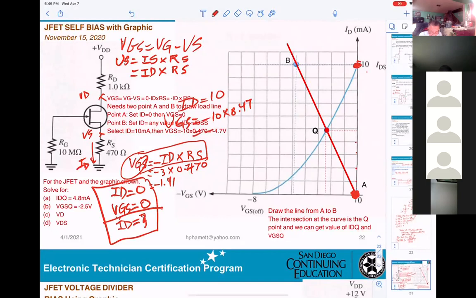It will be -4.7. Is it right? Yes. So -4.7, past -1, 2, 3, 4. This is 4.7 right here.